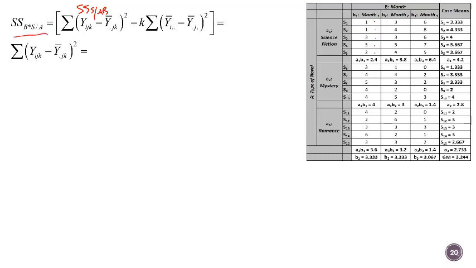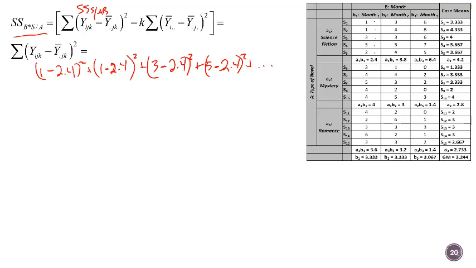I want the sum of squares of B by S within A. So I'm going to take this, subtract out the S within A, and what's left is the B by S within A. So this is again 1 minus 2.4 squared plus 1 minus 2.4 squared plus 3 minus 2.4 squared plus 5 minus 2.4 squared.